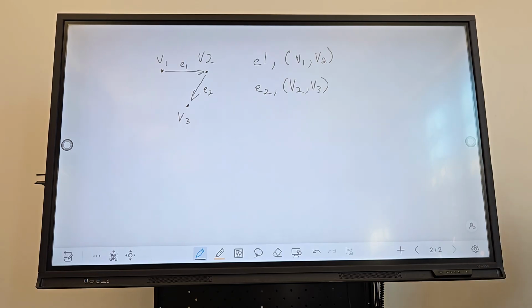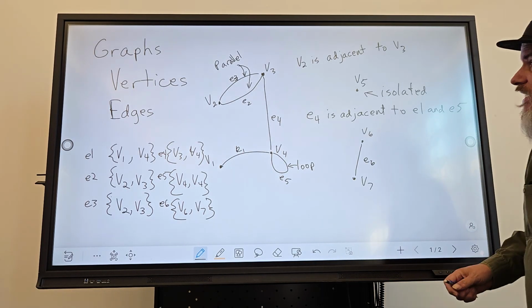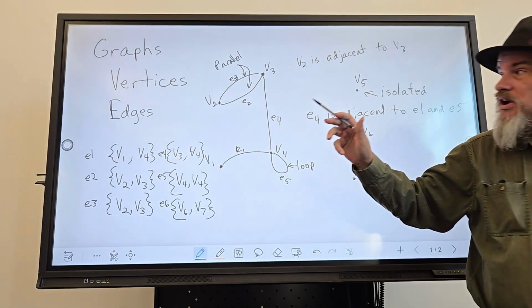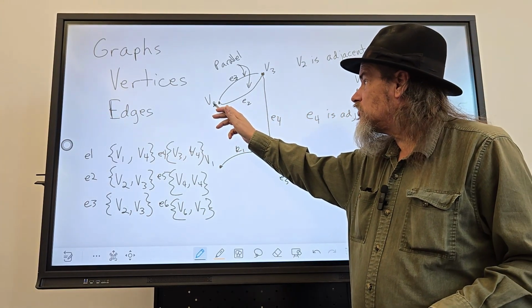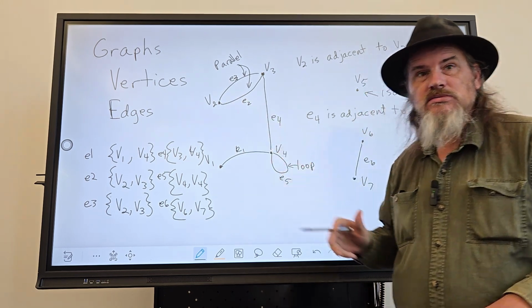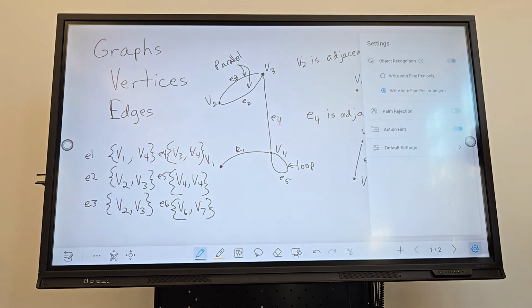Now, the degree of a vertex V is the number of edges that are incident on V. Loops are counted twice. So if we go back to this graph, the degree of V2 would be 2 because there are 2 edges incident on the vertex.